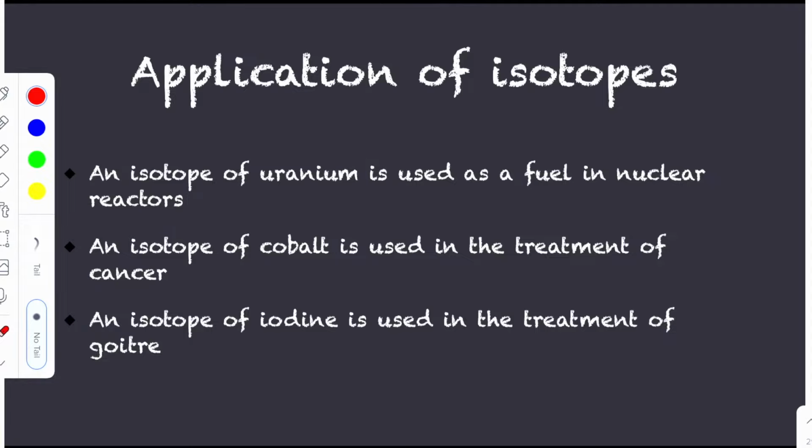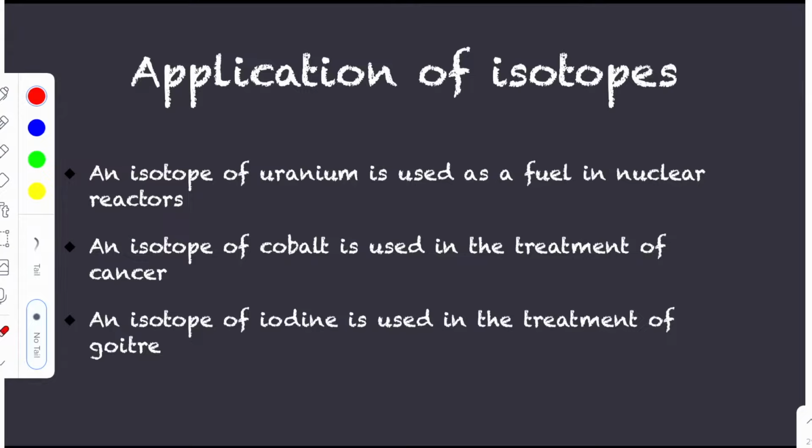An isotope of uranium, for example, is used as a fuel in nuclear reactors. An isotope of cobalt is also used in the treatment of cancer. An isotope of iodine is used in the treatment of goiter. You would have studied this in your biology classes also. You can find out what these isotopes are and post it in the comments.